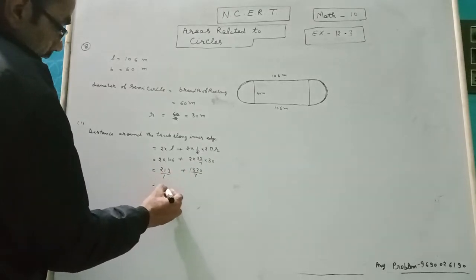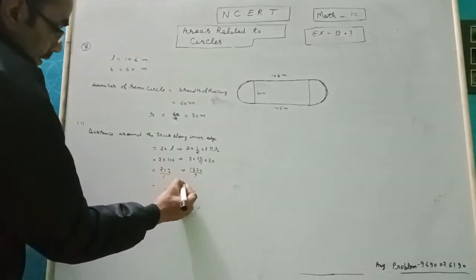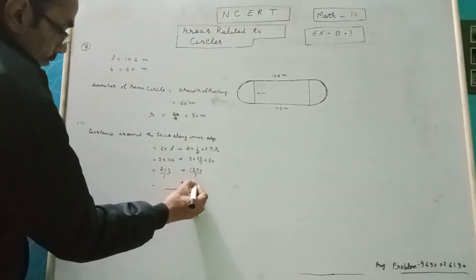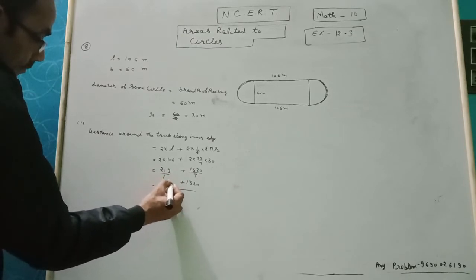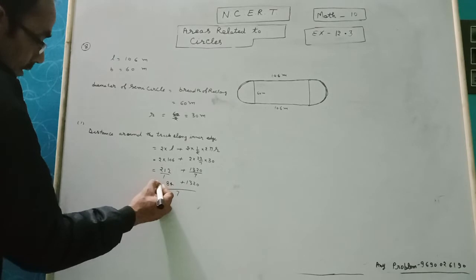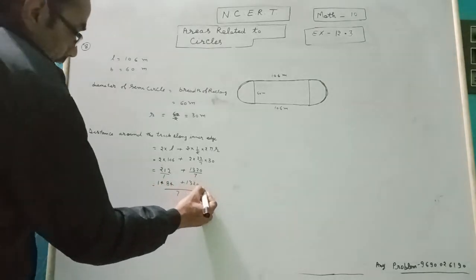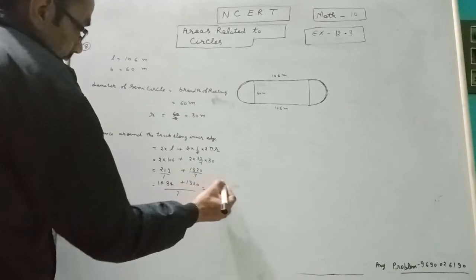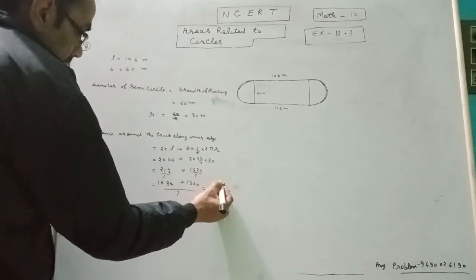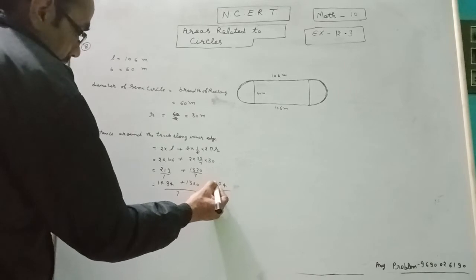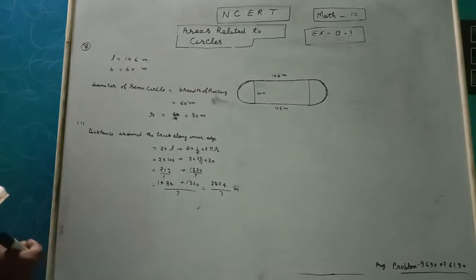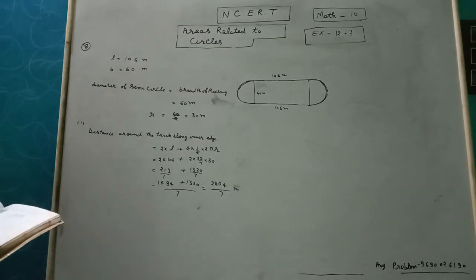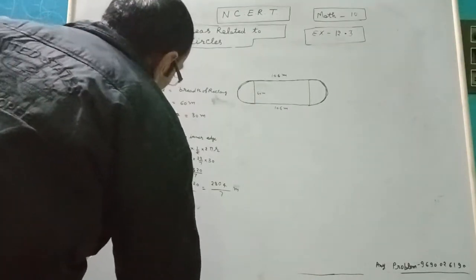LCM is 7. 7 times 212 is 1484, plus 1320, is 2804, divided by 7 gives 400 meter. This is the distance around the inner part.